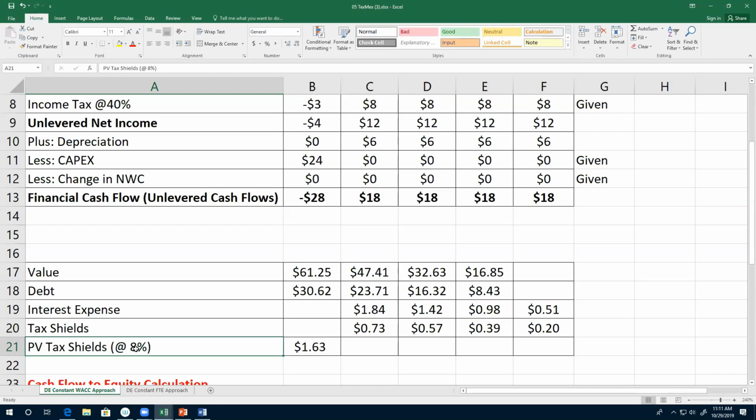Exactly, because you're targeting a debt ratio. And when you're targeting a debt ratio, then going forward, your debt level is changing. It's riskier than knowing a flat level of debt. It's a little bit riskier. That level of debt in turn is a function of the underlying value, which is a function of the underlying business risk. So main point is that tax shields are as risky as the underlying business.